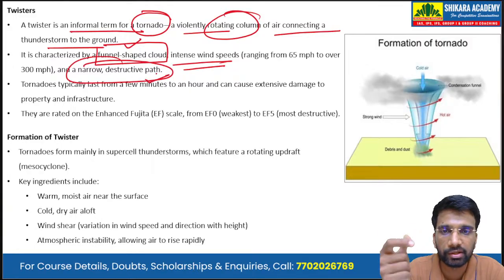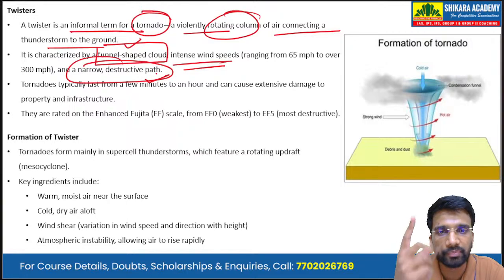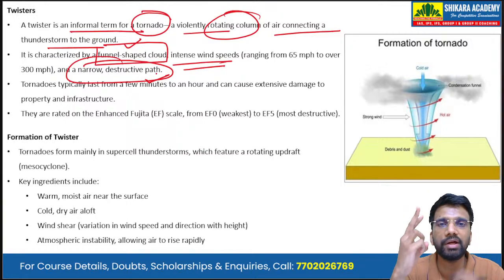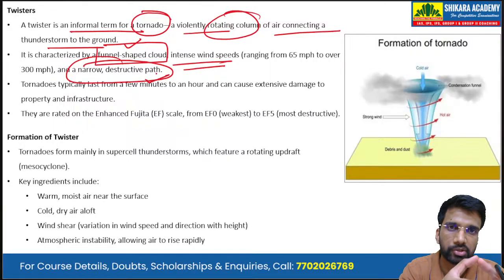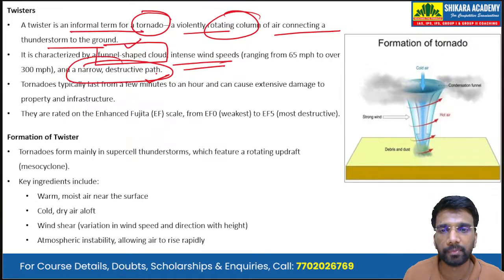So, there are three characteristics, that is, the funnel-shaped cloud, intense wind speeds, as well as a narrow and destructive path. The path that a tornado covers, or the path in which a tornado moves forward, is really narrow. Tornadoes typically last from a few minutes to an hour.